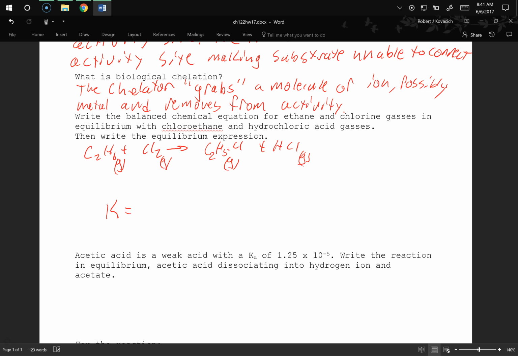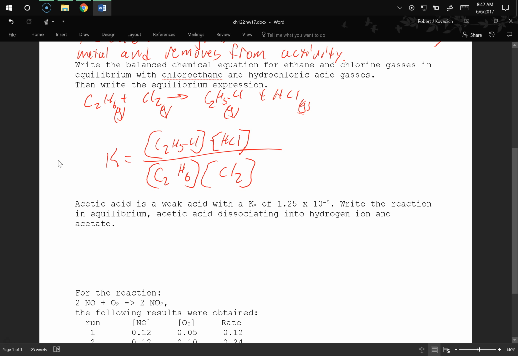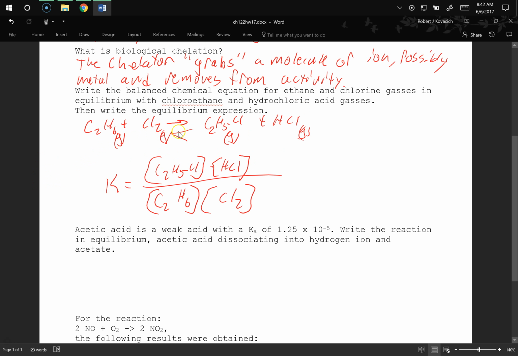So K is equal to C2H5Cl times HCl over C2H6 times Cl2. So just the reactants in the denominator and the products in the numerator, and this is just the ratio of the reaction. I should draw a backwards arrow on that reaction. It's a double-sided arrow, meaning we're in equilibrium.